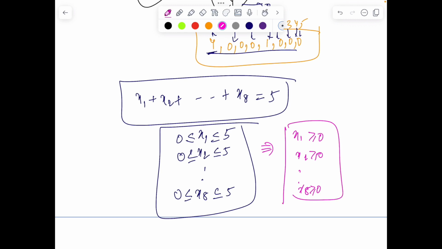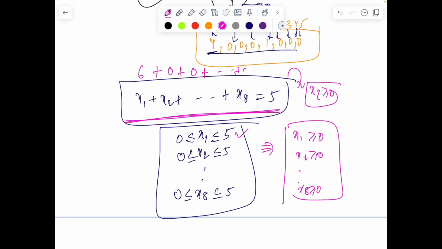Of course, this restriction is the same as taking X1 greater than or equal to 0, X2 greater than or equal to 0, and X8 greater than or equal to 0. The reason being, there cannot be any non-negative integral solutions to these equations for which any of the elements is more than 5. Let's say if X1 is 6, then it's not possible. Even if all the others are 0, 0, 0, it cannot go to 5.